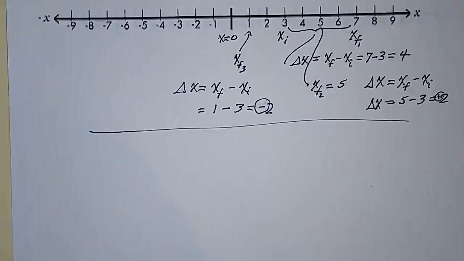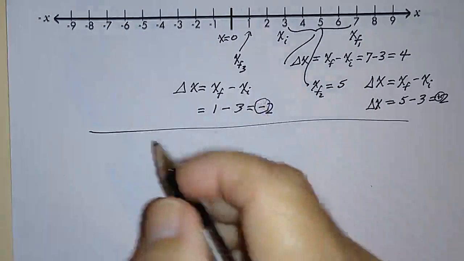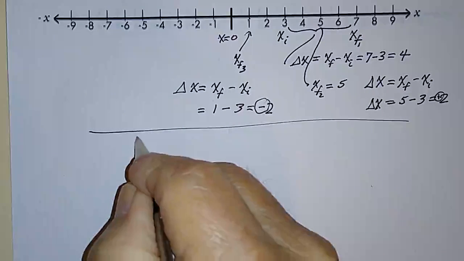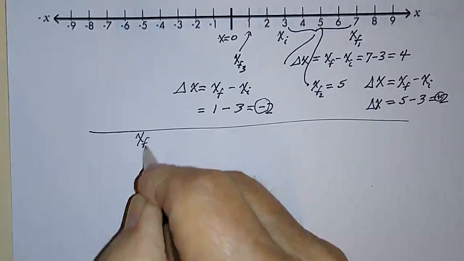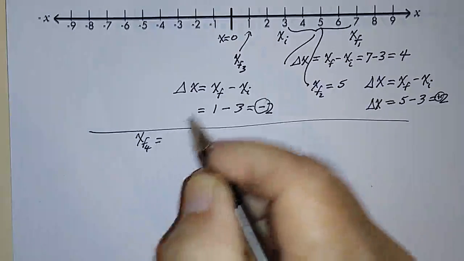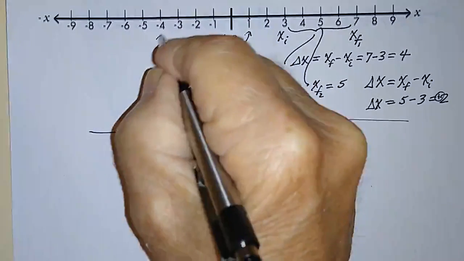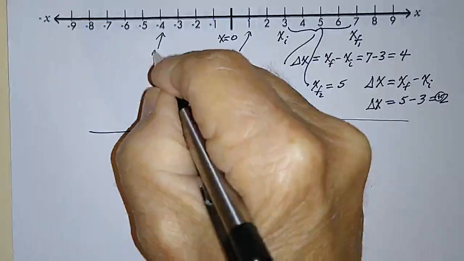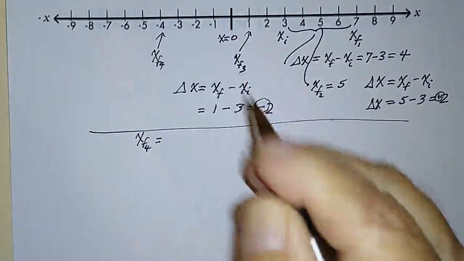And just to thoroughly make the point, I'm going to take one more case. Let's say x final 4 is going to be equal to, say, minus 4, for example. Let's just pick that, minus 4. This is x final 4.